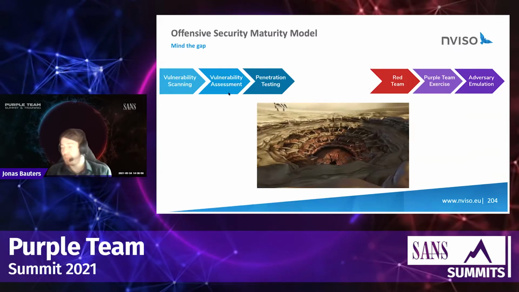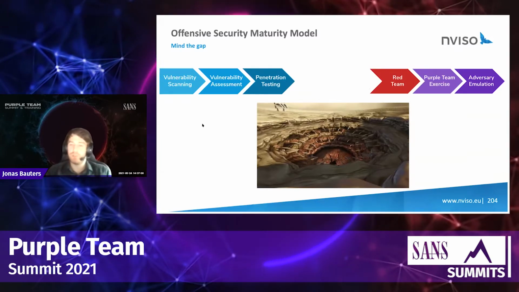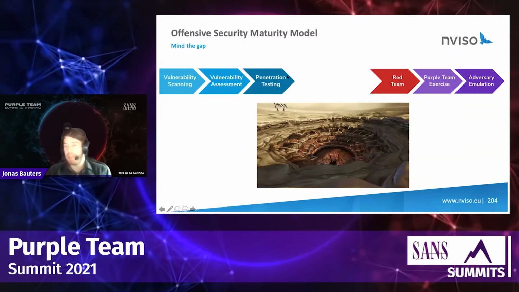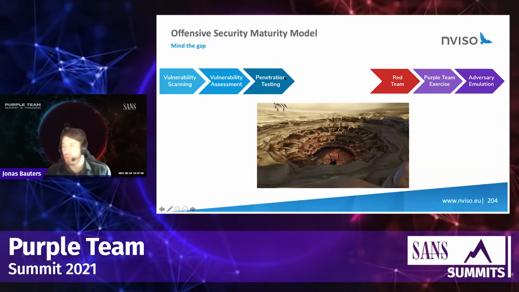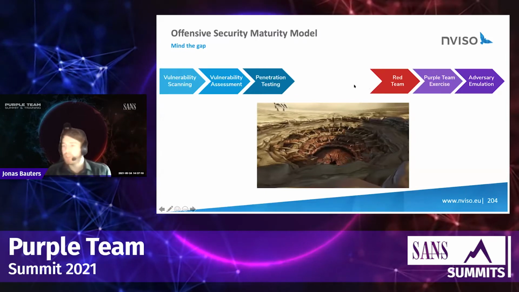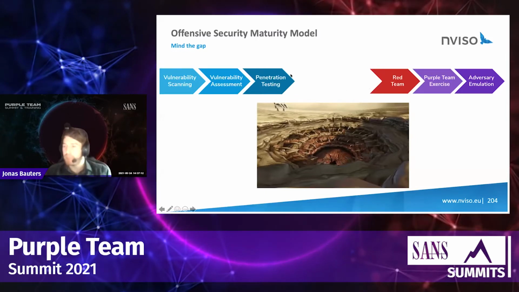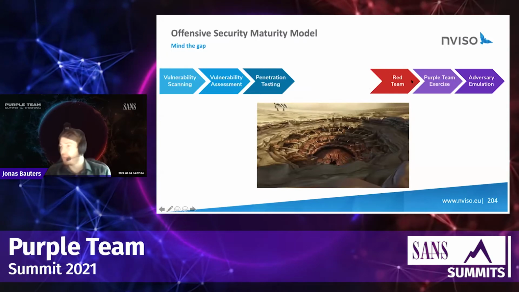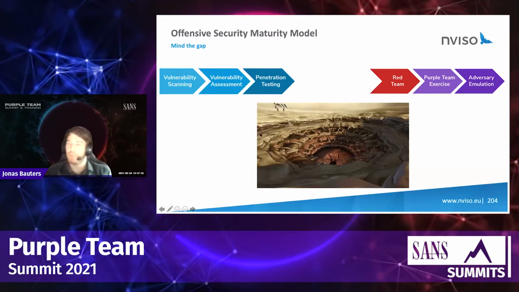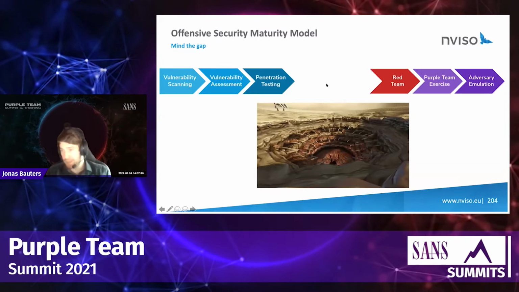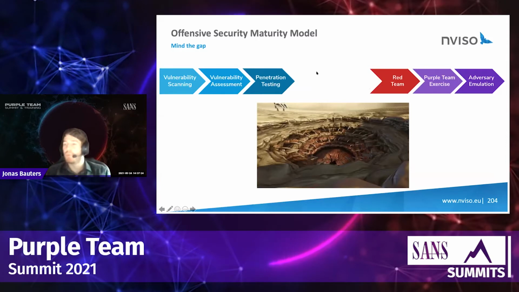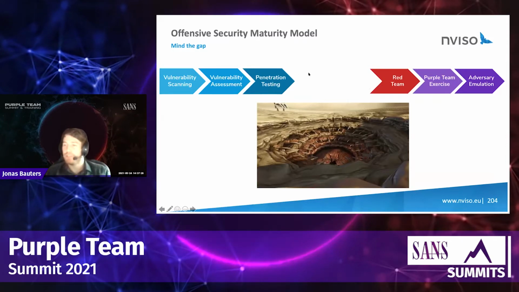And then you have penetration testing, where you actually try to exploit the vulnerabilities. But then there is a pretty big jump towards red teaming, which has a bit of a different goal compared to the more traditional pen testing. And then, of course, moving on to purple teaming and adversary emulation, that's going even further. So there is quite a gap between these different types of tests, which I would like to get into here.